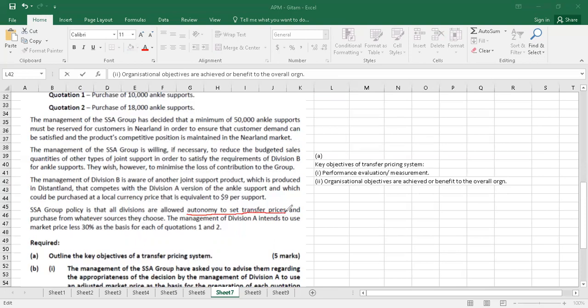So the decision making happens at the divisional level. So the strategic level need not be bothered about what should be the transfer price. Day in and day out, for decisions at a lower level, the top management is not bothered.